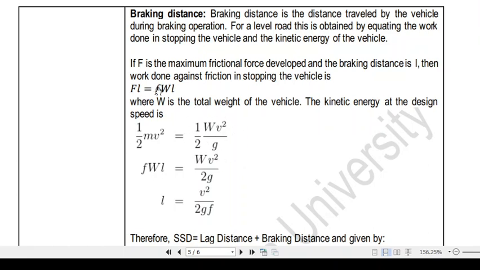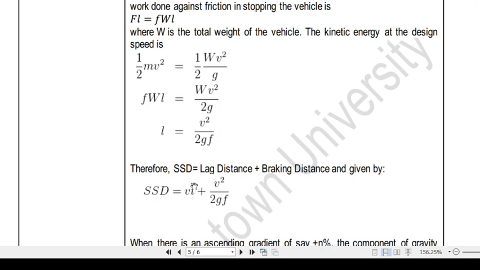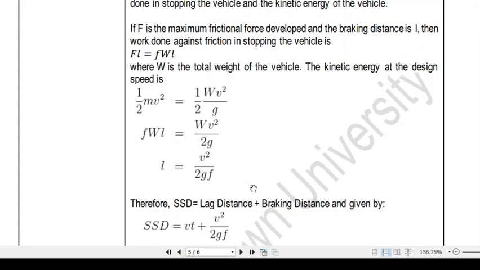If we equate the work done with the kinetic energy, then F W L is W v square by 2g, or L equals v square by 2gf. Therefore our SSD, or stopping sight distance, is basically lag distance plus braking distance, that is vt plus v square by 2gf. So this is our stopping sight distance.